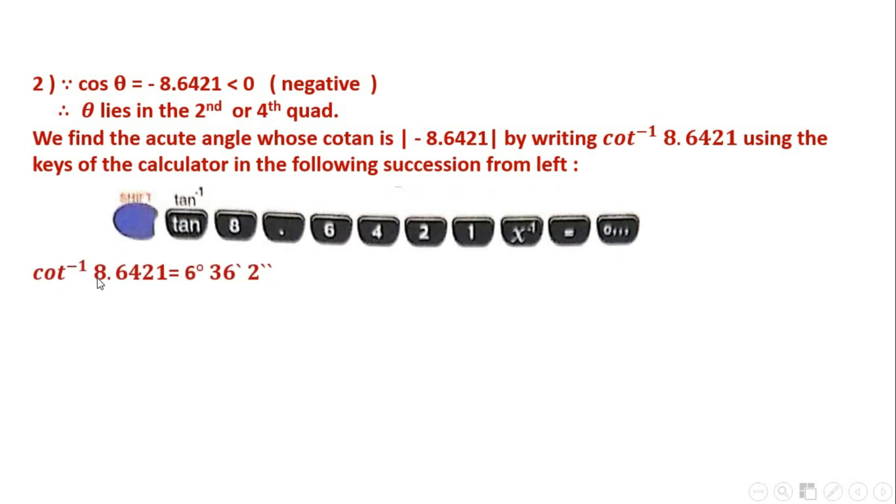So cotan minus 1 of 8.6421 equals 6 degrees, 36 minutes, and 2 seconds.